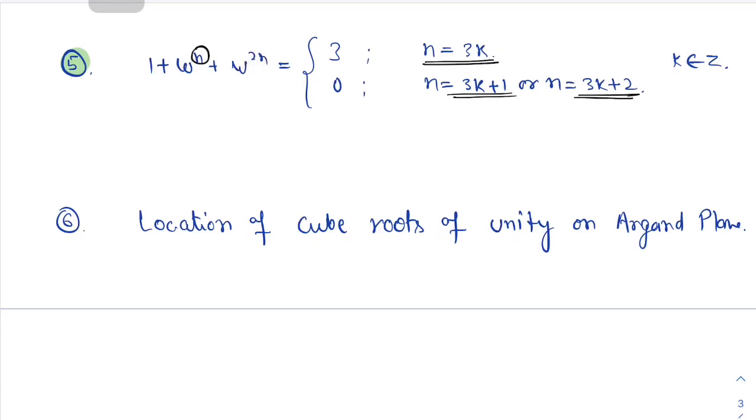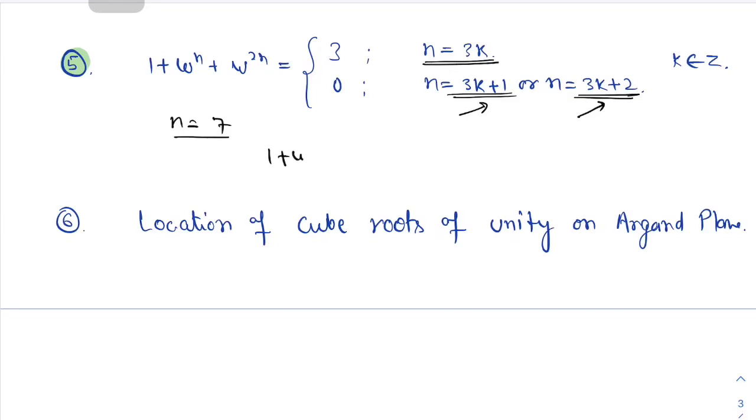But if n is not a multiple of 3, it means some integer which when divided by 3 leaves remainder 1 or 2, like say n is equal to 7. If I divide 7 by 3, I will get remainder 1.